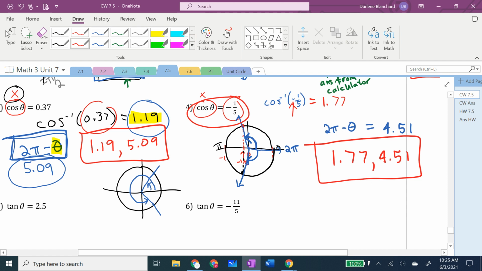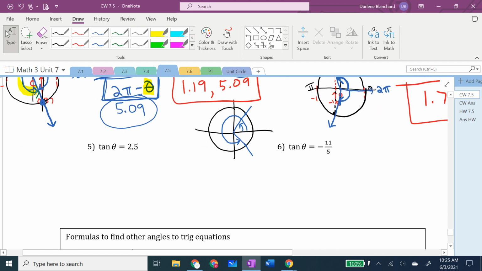And if you needed to find any other, you would just add 2 pi. Okay, so that's your sine and your cosine. Those are done. Tangent has something beautiful. Whatever your calculator gives you, if you add pi, you will get your second angle.